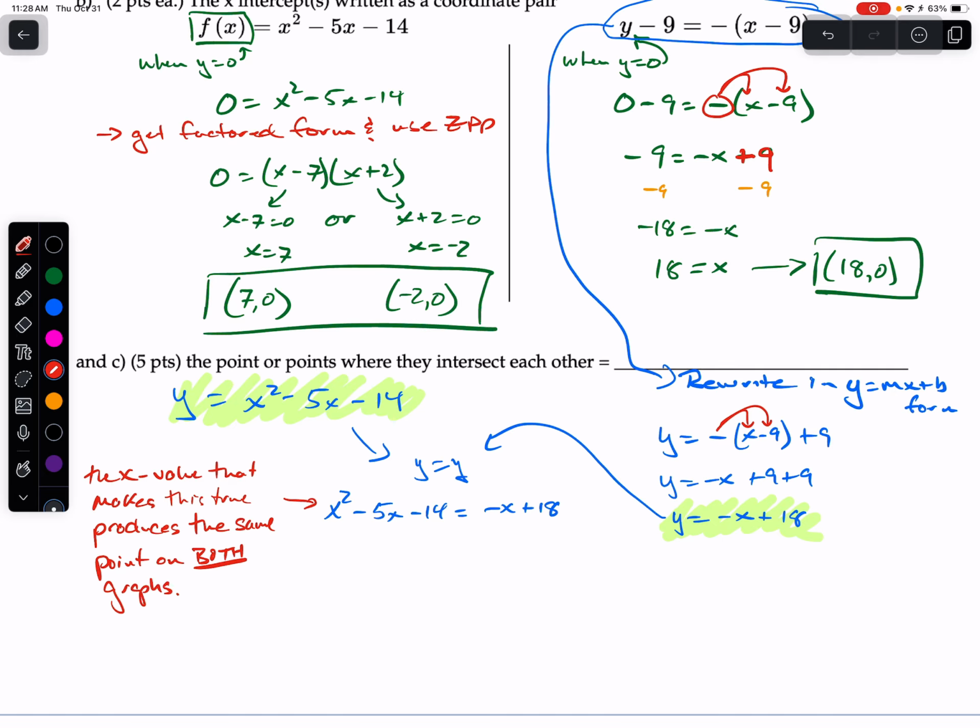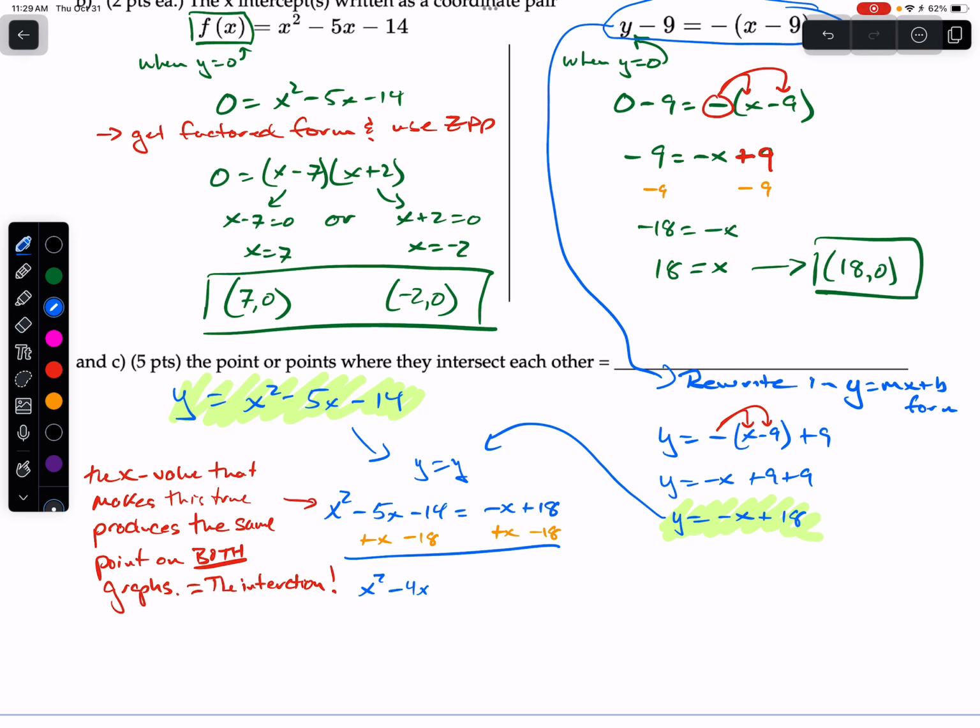If it produces the same point, that's where they intersect. So let's combine like terms. Plus x and minus 18. And what we get is x squared minus 4x.